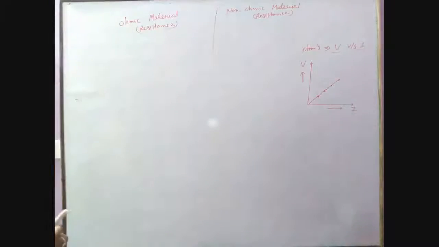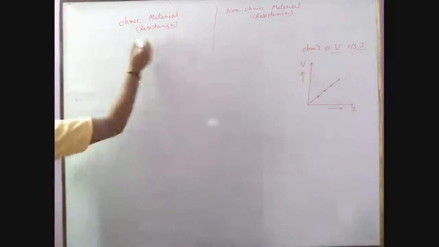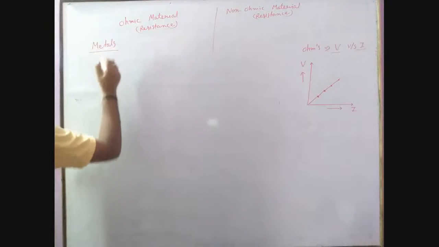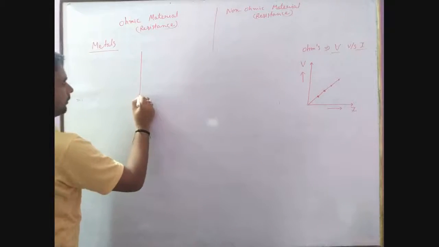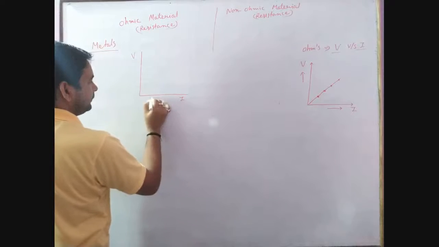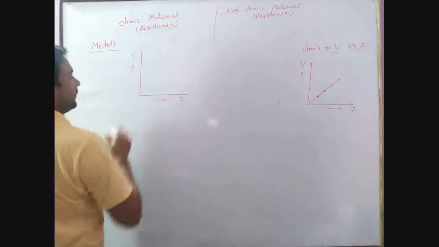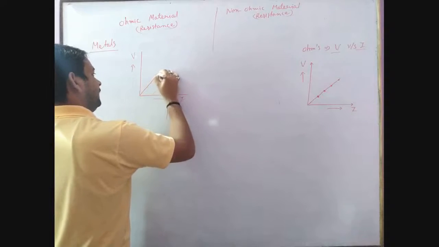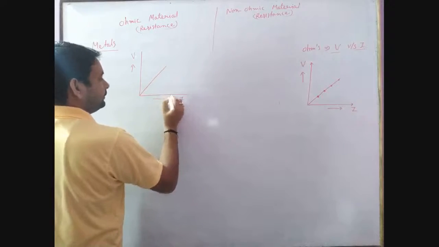It is observed that for metals the graph between V versus I is initially a straight line.